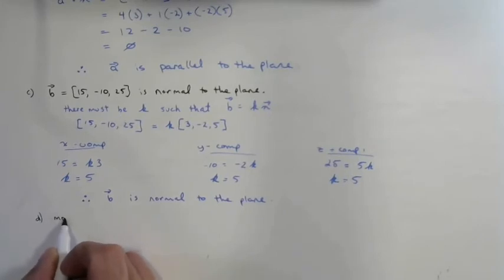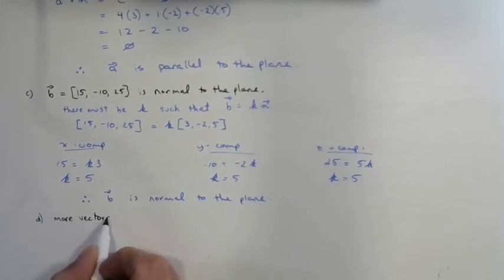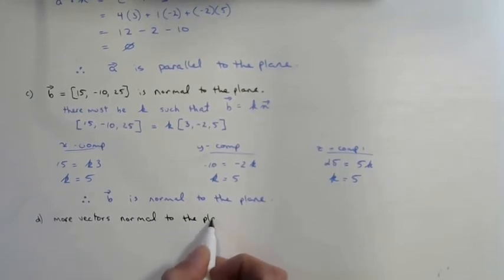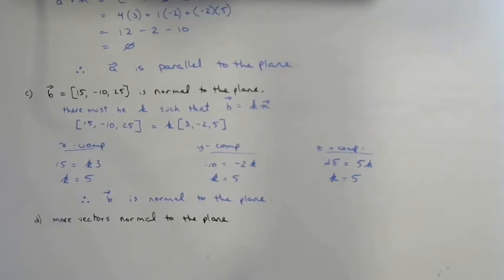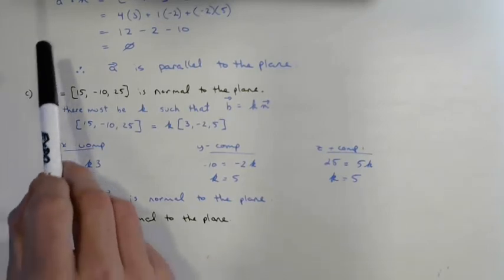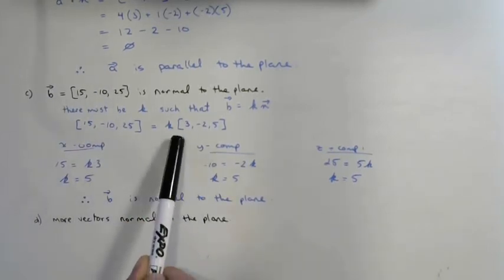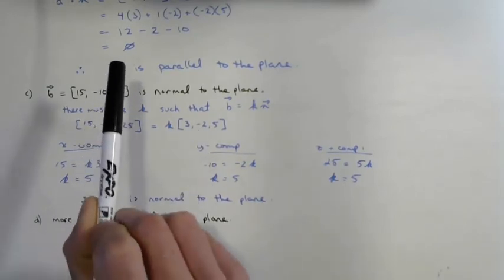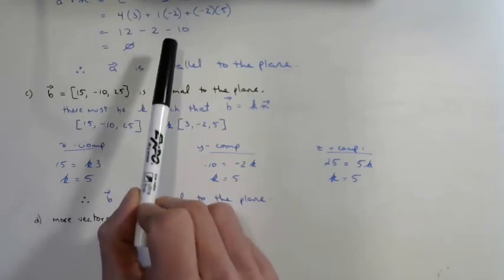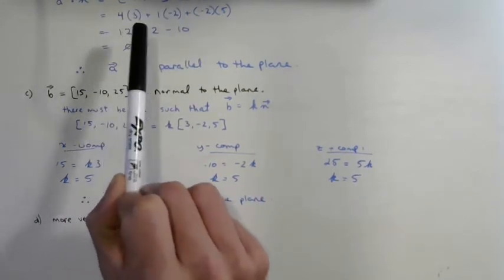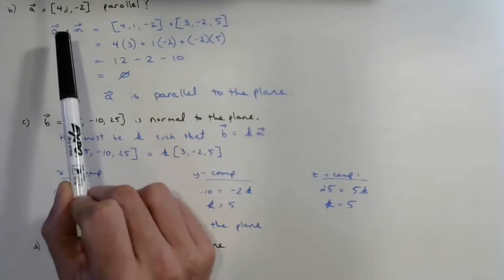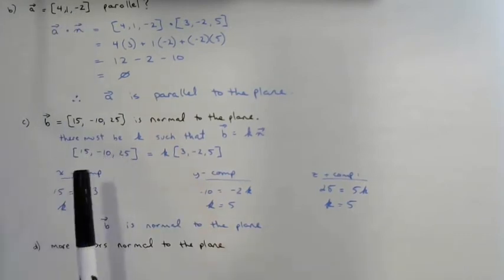And D wants us to find more vectors normal to the plane. Well, there's a couple ways you can think about this. If a vector is normal to the plane, it's going to be some scalar multiple of the normal vector that we started with, which I have right here. Or it's going to be normal to any of the vectors that lie on the plane, or any of the vectors that lie parallel to the plane. So in the first section, we found out that A was parallel to the plane. Well, if I found a vector that was normal to A, it would also then be normal to the plane.